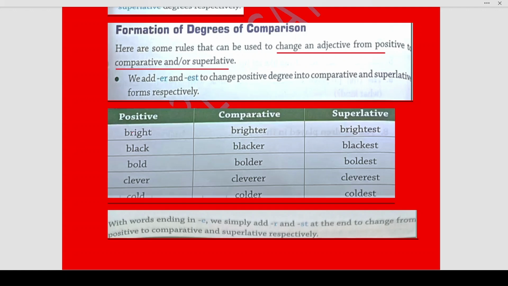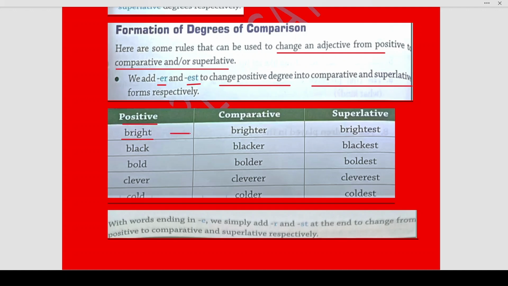How are the positive degrees of adjectives changed into comparative and superlative degrees when we add er and est to change positive degree into comparative and superlative forms? Now, bright is an adjective. Okay, it is in the positive degree.